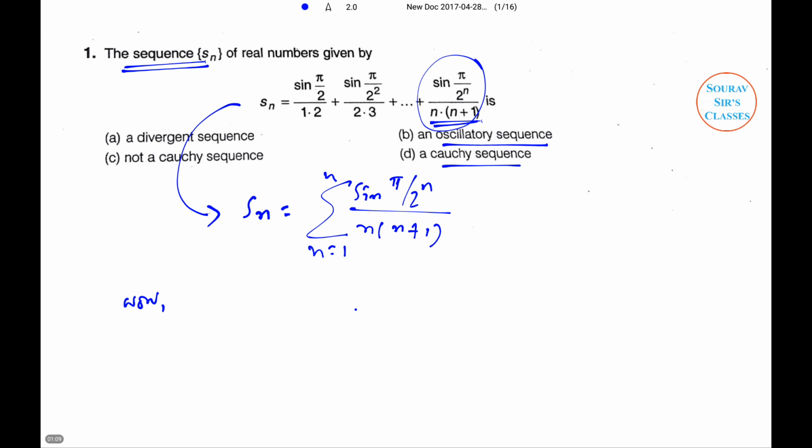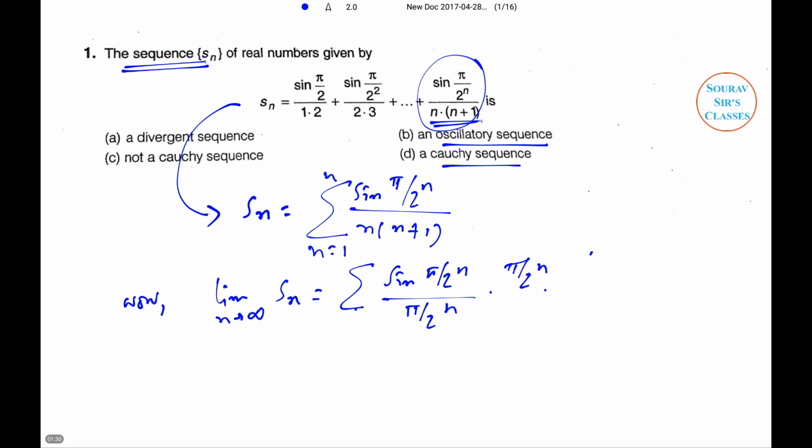Now limit n tends to infinity Sn, if we write, so here also the same thing will happen. So summation, there will be slight changes, pi by 2 to the power n by pi by 2 to the power n, just in order to match the sine pattern I am doing it, and then sine of pi by 2 to the power n will be multiplied, and this n into n plus 1 will be here.